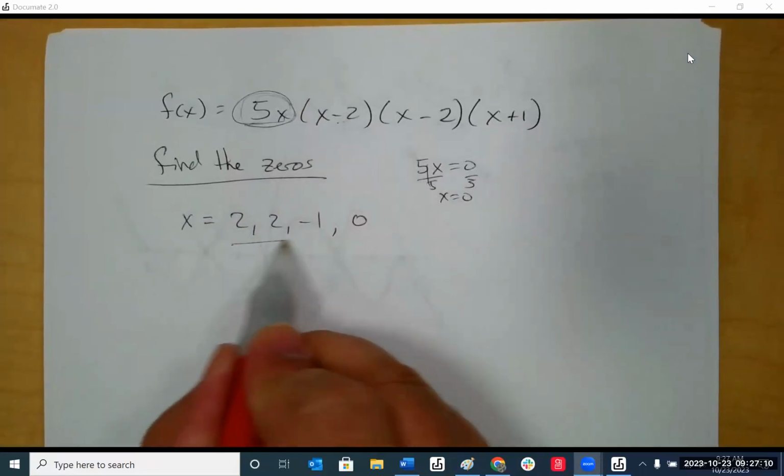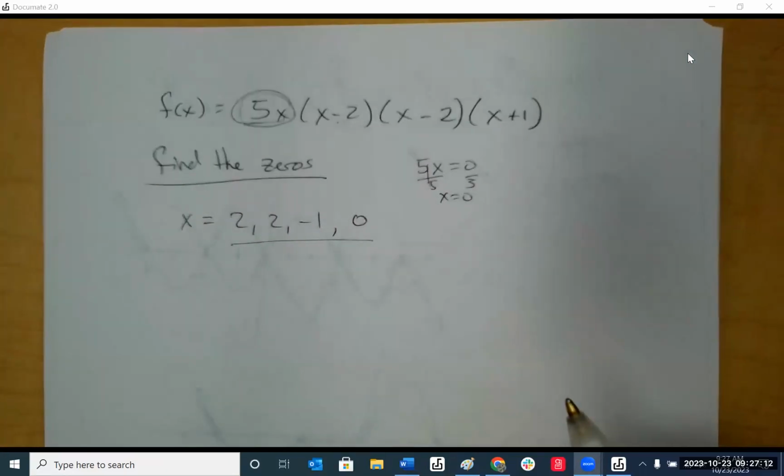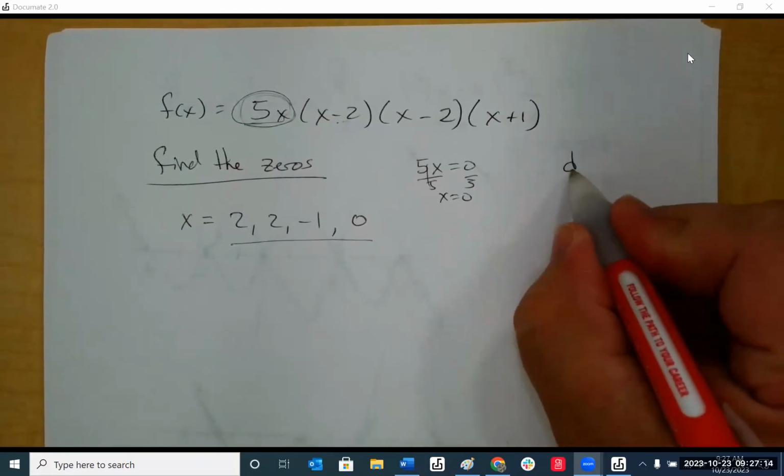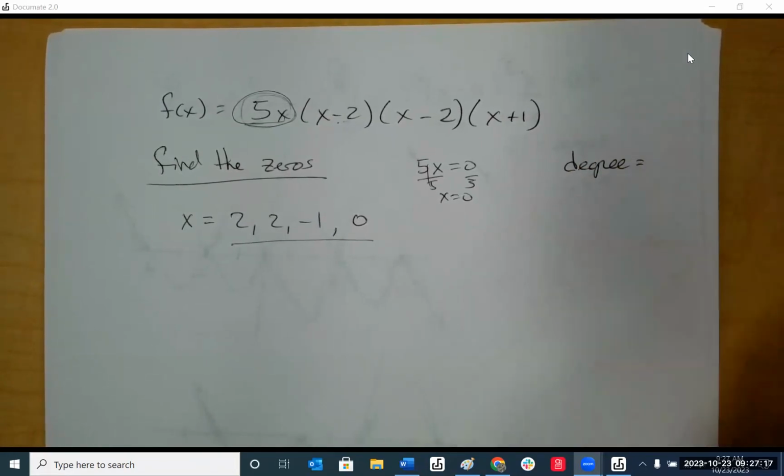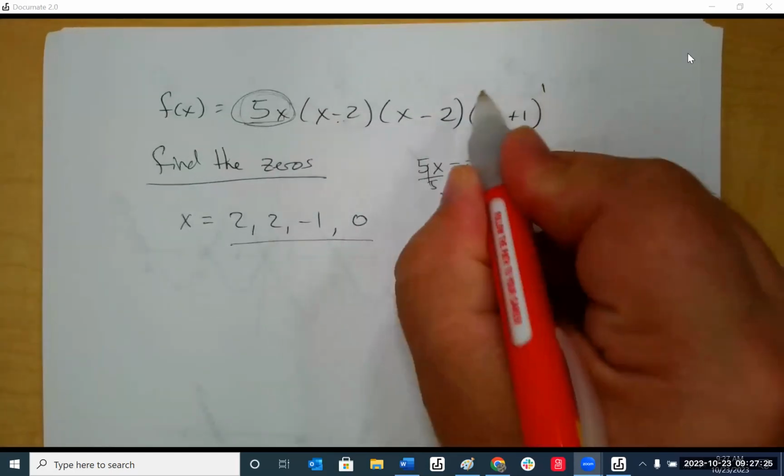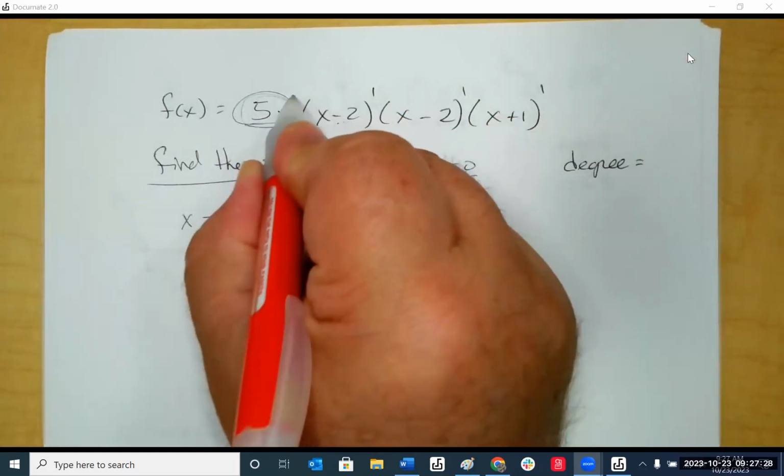So notice how many zeros we have. We have 4. What's the degree of this equation? One, two, three, 4.